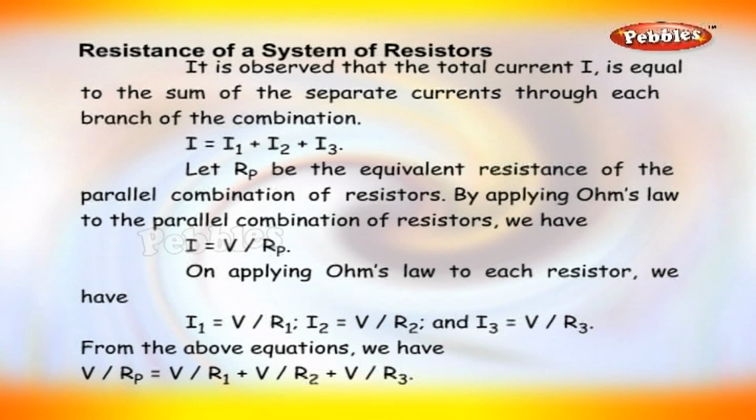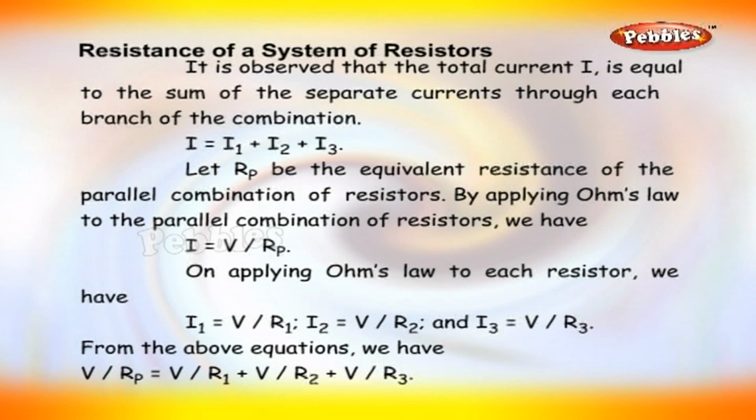By applying Ohm's law to the parallel combination of resistors, we have I is equal to V divided by Rp. On applying Ohm's law to each resistor, we have I1 is equal to V divided by R1, I2 is equal to V by R2 and I3 is equal to V by R3.